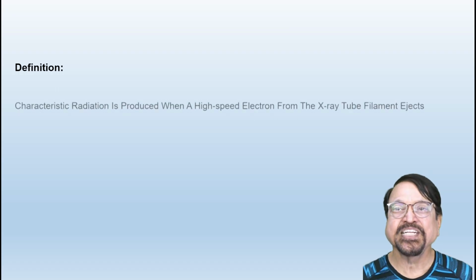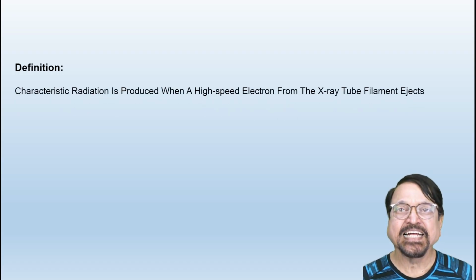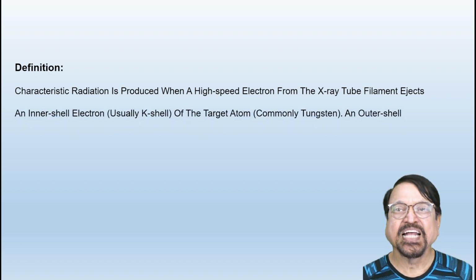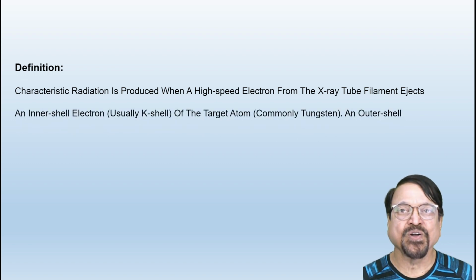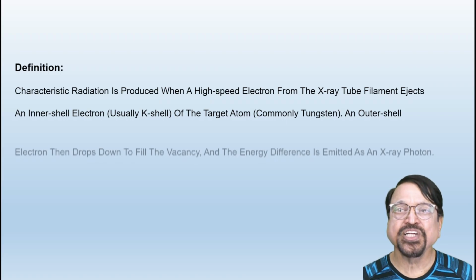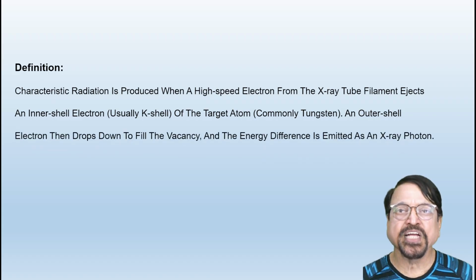Now first is the definition. Characteristic radiation is produced when a high speed electron from the X-ray tube, that is from the filament, ejects an inner shell electron, usually K shell, of the target atom, that is commonly tungsten. An outer shell electron drops into the inner shell, because it has to fill the vacancy.